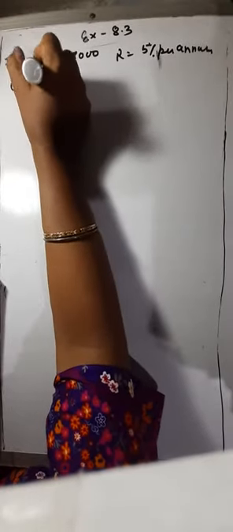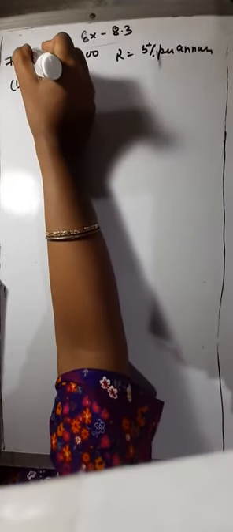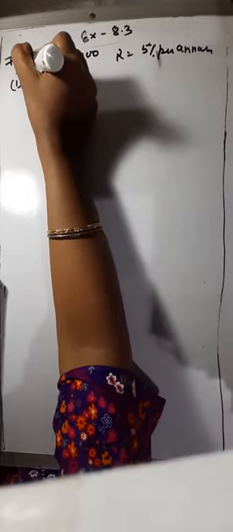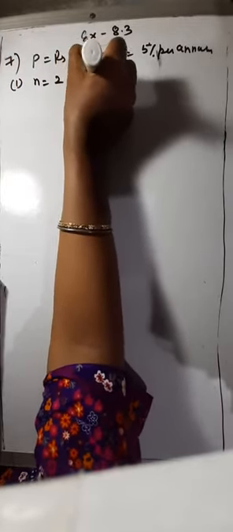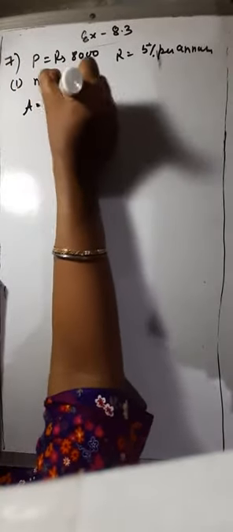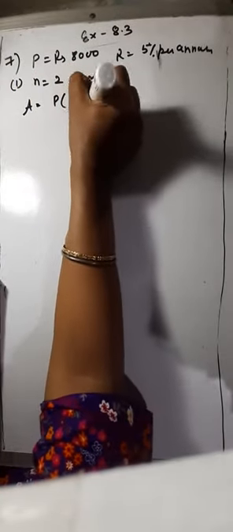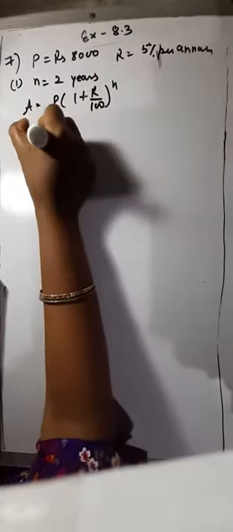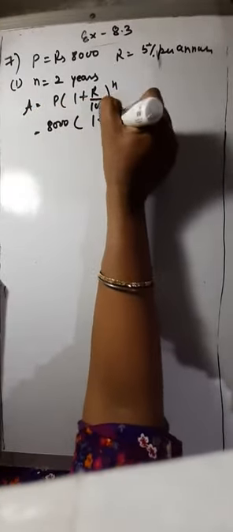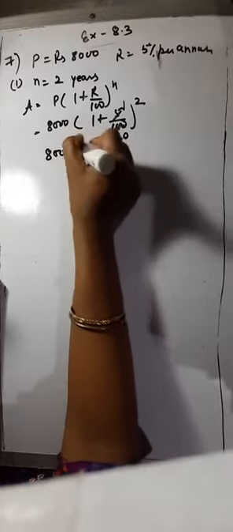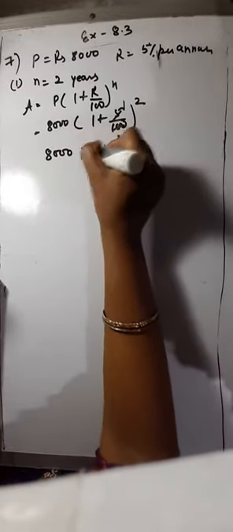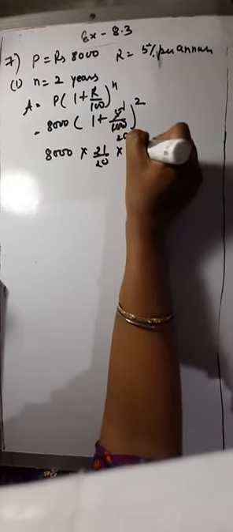First, the amount credited against her name at the end of second year. That means n is equal to 2 years. Amount is equal to P(1 + R/100)^n. 8,000 (1 + 5/100)^2. 5 ones are 5, 5 20s are 100, 8,000 multiplied by 21 by 20 into 21 by 20.